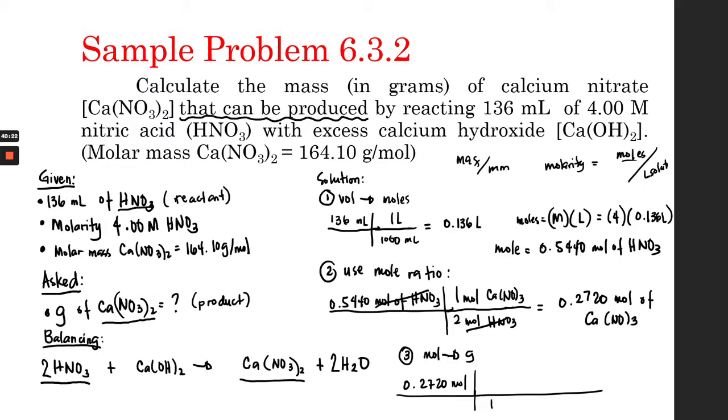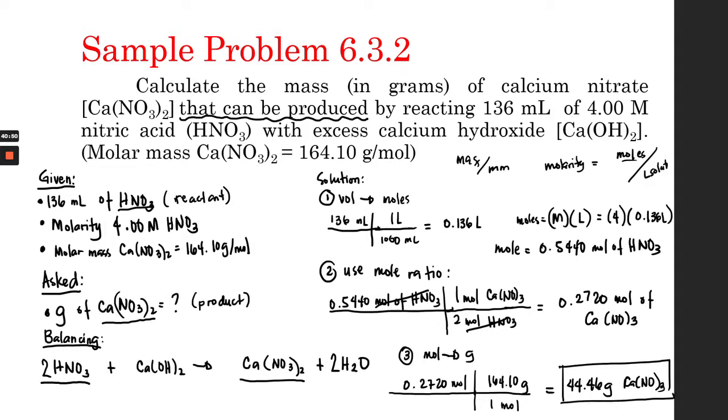So 1 mole at the bottom and 164.10 grams. From there you'll get that the grams of calcium nitrate that you need is about 44.46 grams CaNO3.